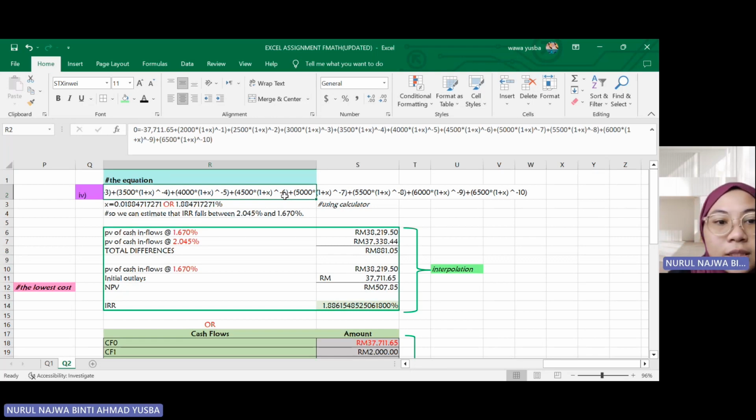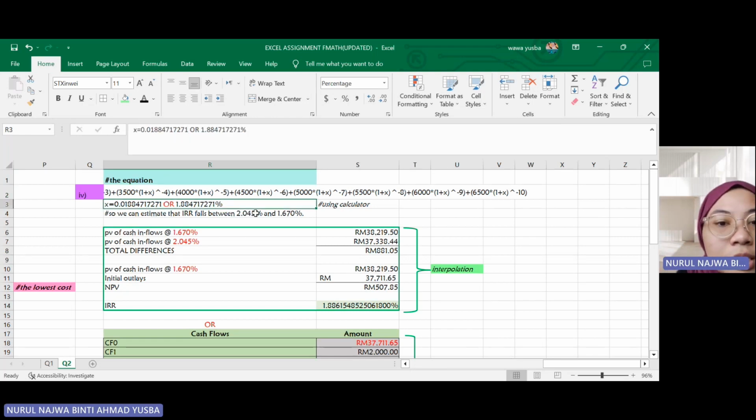So I'm using a calculator to just estimate the starting point and the end point I'm going to use. The IRR is basically 1.884717%. So I can estimate the IRR falls between 2.045% and 1.670%.